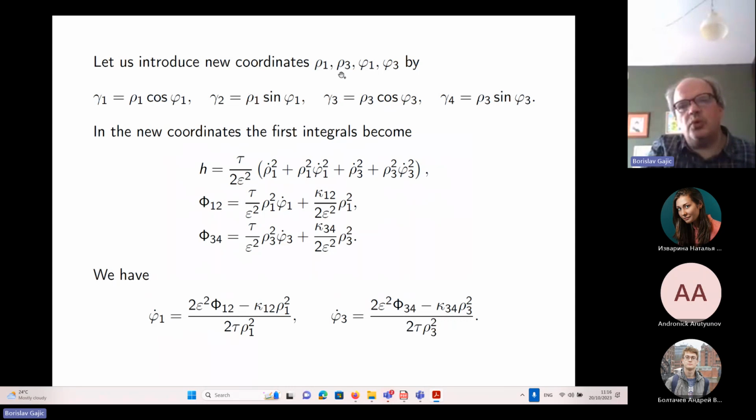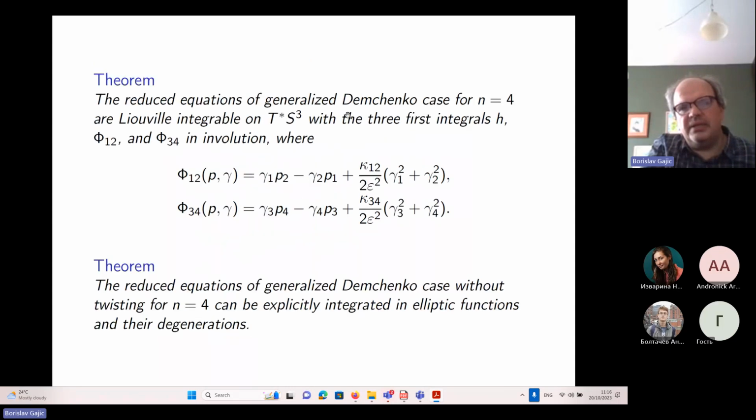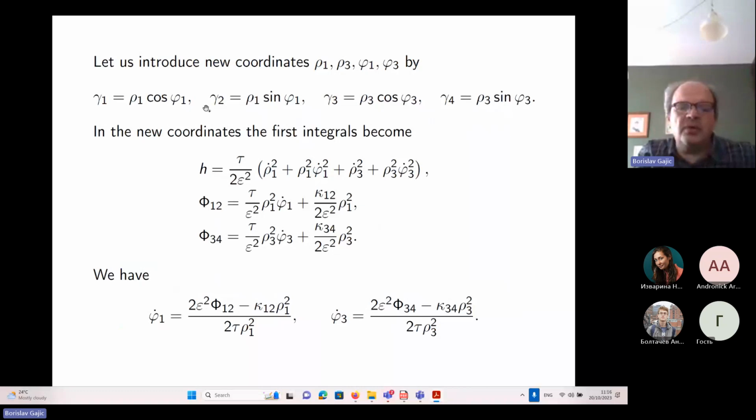Now let us introduce new coordinates. We have S3 given here in R4 as part of R4. So let gamma 1 and gamma 2 be polar coordinates in the 1, 2 plane, and gamma 3, gamma 4 polar coordinates in the 3, 4 plane.